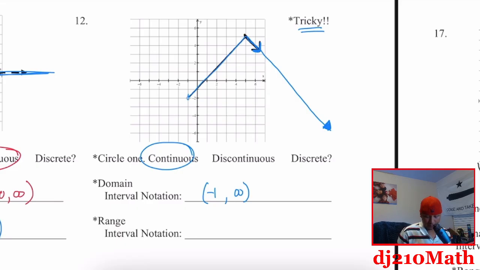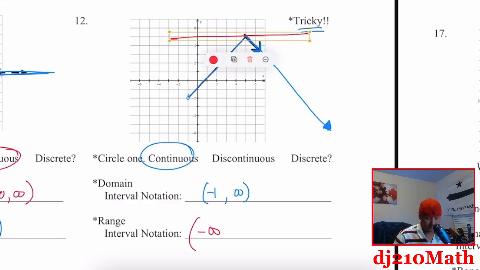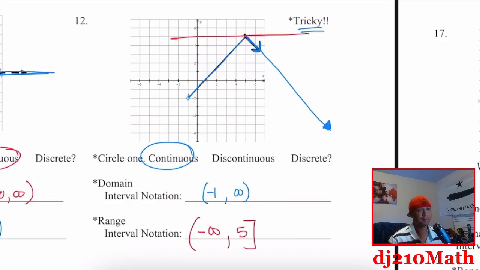The smallest y value used would be -infinity. If you didn't draw this out, you would think that right here at -2, this would be it, but that's not true. You have to extend that line out. And so the greatest y value used is +5. -infinity up to +5 with the bracket.